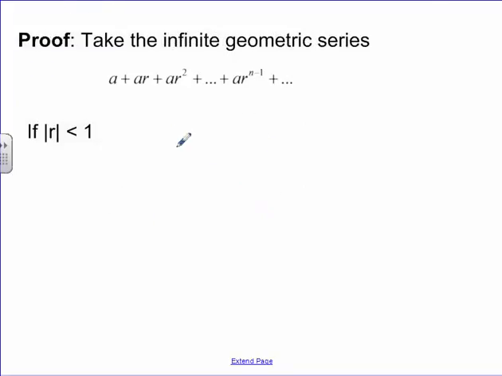And I kind of have a proof here to begin with. What you're really looking to do here is take your first number, add to it that same number multiplied by your ratio. Add to that your same number multiplied by your ratio.